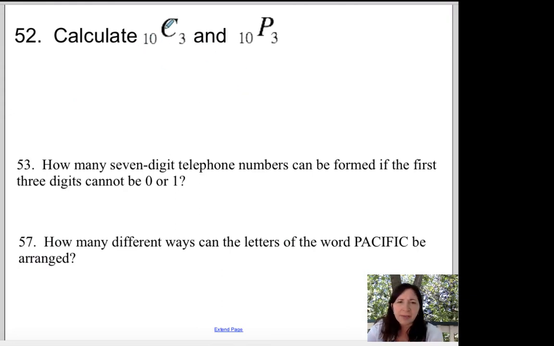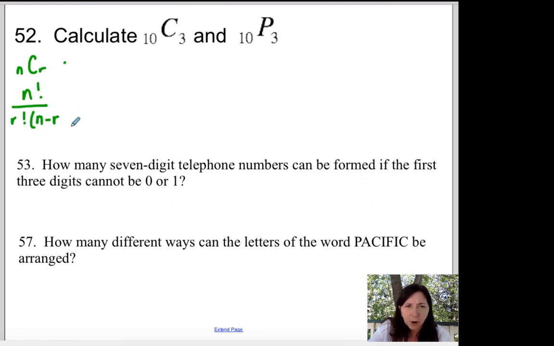A couple of these: calculate 10 combinations of 3. This is from probability. The formula for combinations, nCr, is n factorial over r factorial times n minus r factorial. So that would be 10 factorial over 3 factorial times 10 minus 3 factorial.